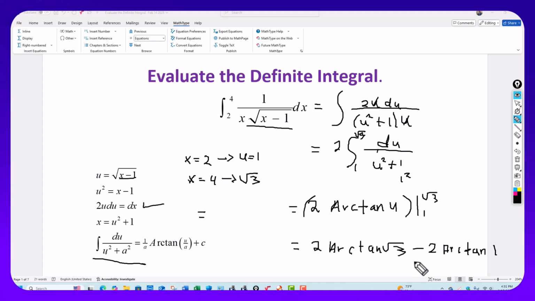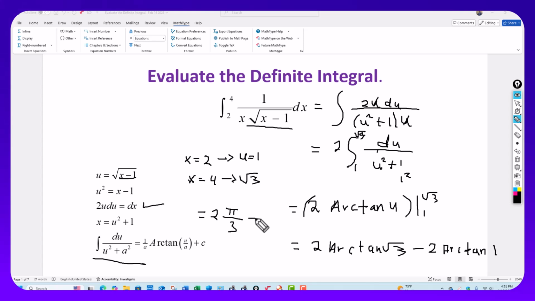Or in the proper domain, what angle has a tangent of the square root of 3? You can use your reference triangles, 30-60. This is something you should know. So this is going to be 2 times the angle that has a tangent of the square root of 3, which is pi over 3, or 60 degrees.